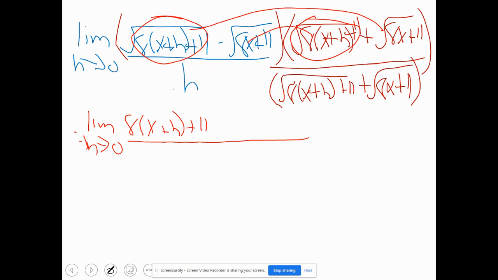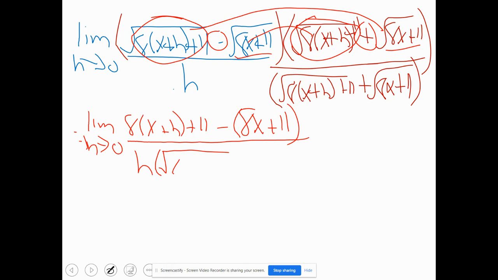And my last terms, and here's where you got to be careful, you've got a plus times a minus, which is a minus. And then you have a radical times itself, which is 8x plus 11. So you're subtracting that whole quantity. And in the bottom, I've got h times my conjugate, the square root of 8 times x plus h plus 11 plus the square root of 8x plus 11.